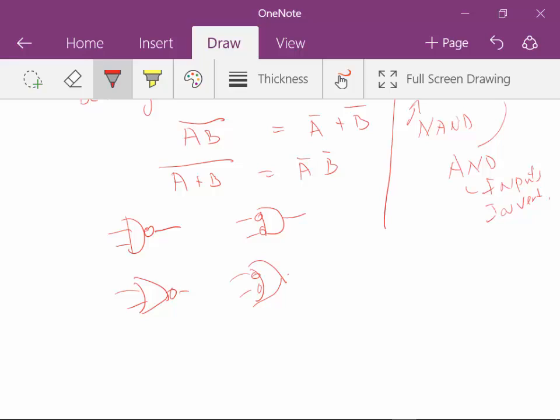They're not the same thing. Now, keep in mind that if I put a bubble on this here, that now becomes an OR gate. So you'll sometimes see, if I put a bubble on here, that becomes an AND gate.